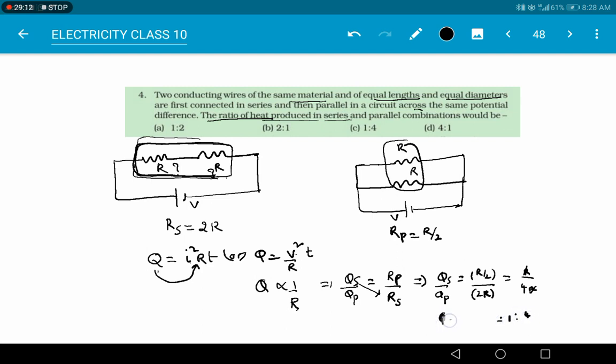This is the ratio of heat developed, Q series and Q parallel. Q is inversely proportional to R only, so Q1 by Q2 is R2 by R1. So 1:4 is the answer.